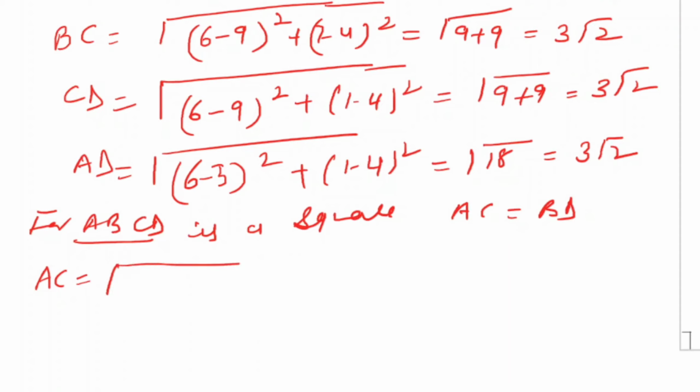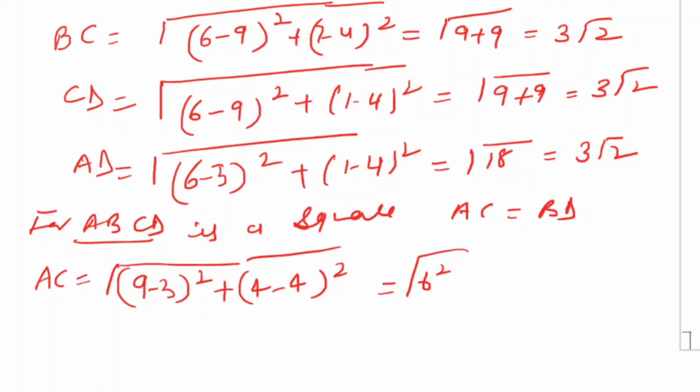AC is the square root of (9 minus 3) whole square plus (4 minus 4) whole square. So this gives you the square root of 6 square, that is 6 units. After that we'll find BD.